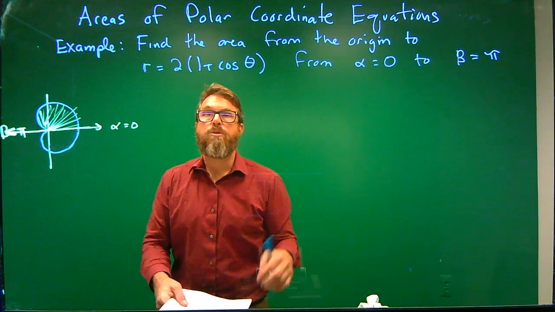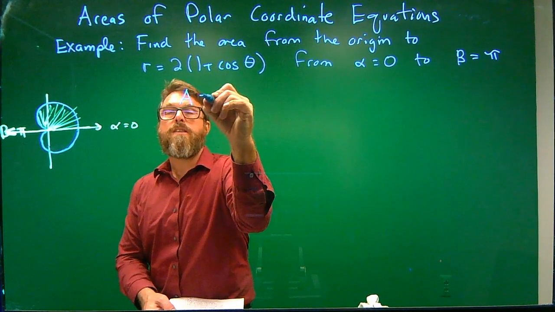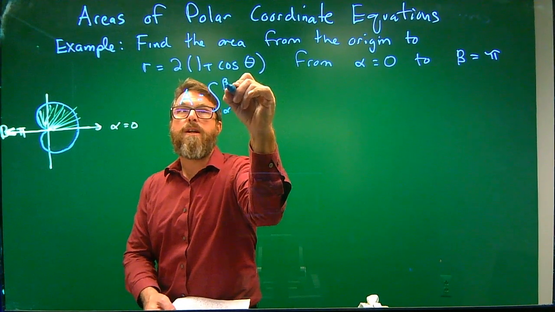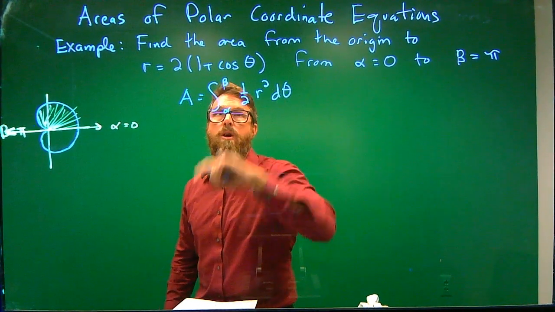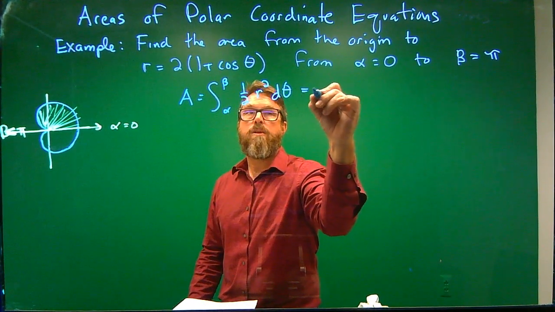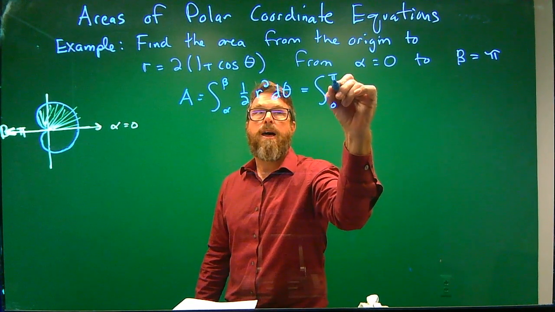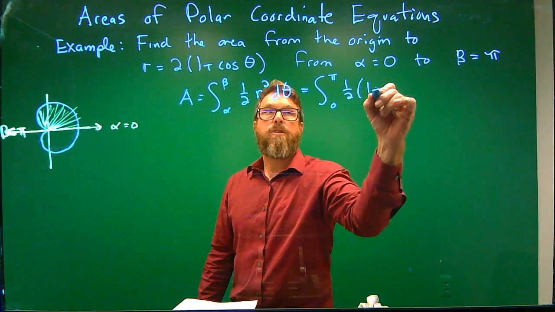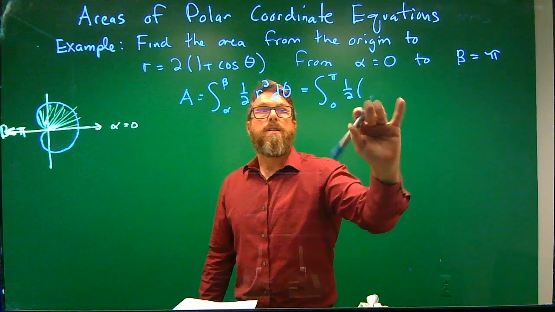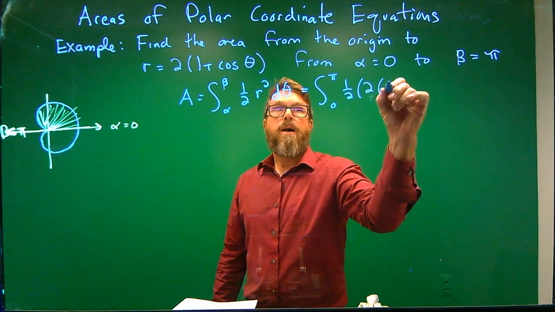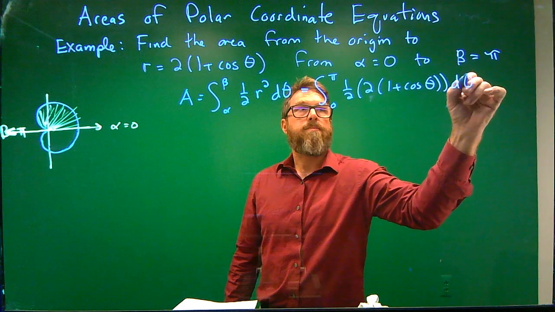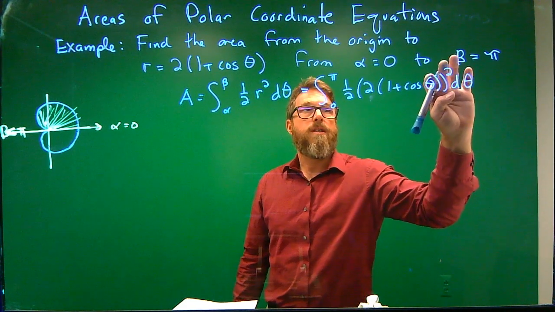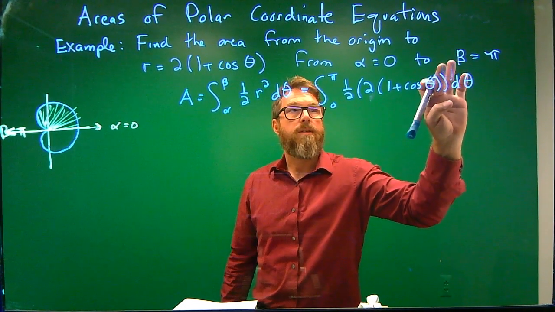In order to do this, we know that the area is equal to the integral from alpha to beta of 1/2 r squared d theta, where r is this function. So this is equal to the integral from 0 to pi of 1/2 times 2 times 1 plus the cosine of theta d theta, and this has to be squared.